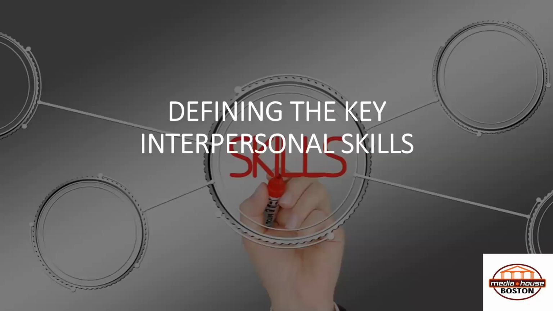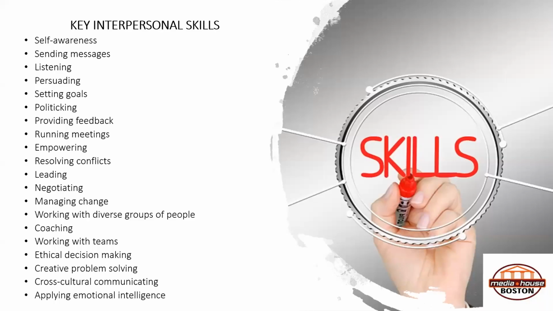So what then are the key interpersonal skills that we have? Let's look at extending the initial list that we looked at. These are lists of interpersonal skills that you need to be able to harness.